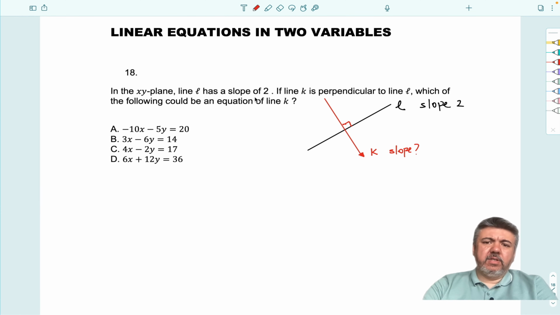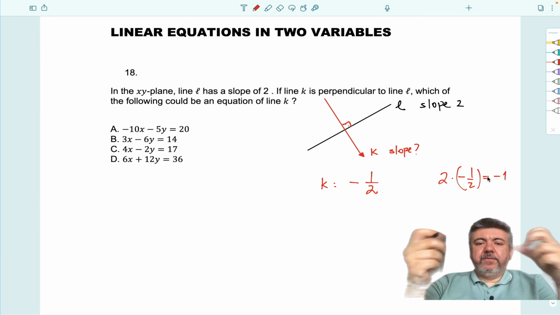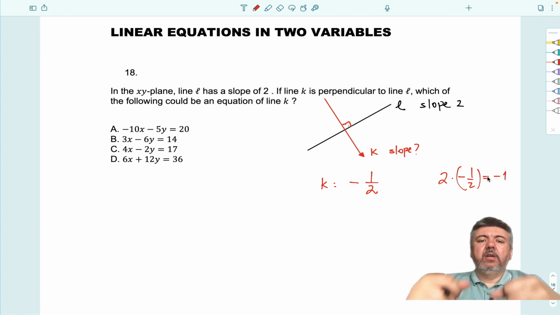First of all, if line L has slope 2, then K has slope negative 1 over 2. The idea here is 2 times negative 1/2 is negative 1. The slopes of two perpendicular lines have a product of negative 1. So we're looking for a line which has slope negative 1/2.